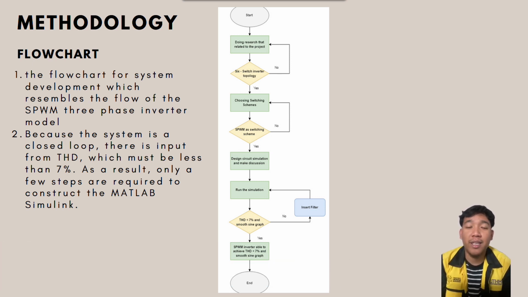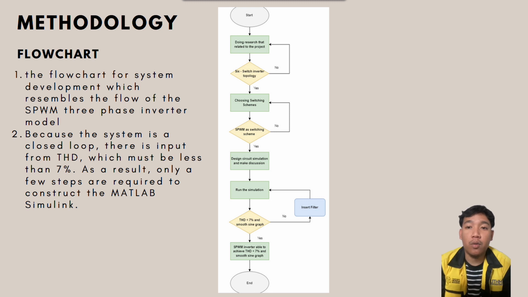Now I will present about the methodology and the conclusion for the project. For the methodology, the first is the chart of the system development, which resembles the flow of the SPWM three-phase inverter model from start to end. Because the system is a closed loop, there is an input from THD, which must be less than 7%. As a result, only a few steps are required to construct the MATLAB simulation.